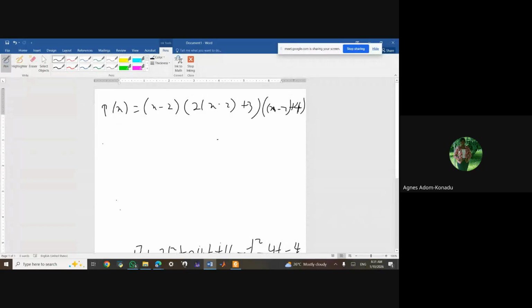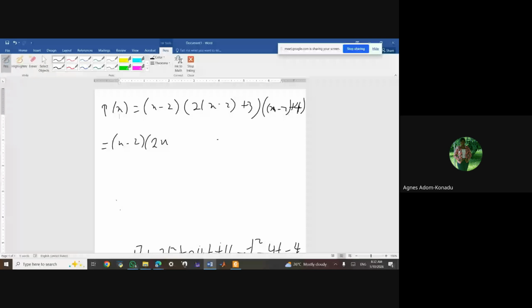So I will expand this. When I expand this one, I'm going to get 2x minus 4 plus 3. So that would be 2x what?